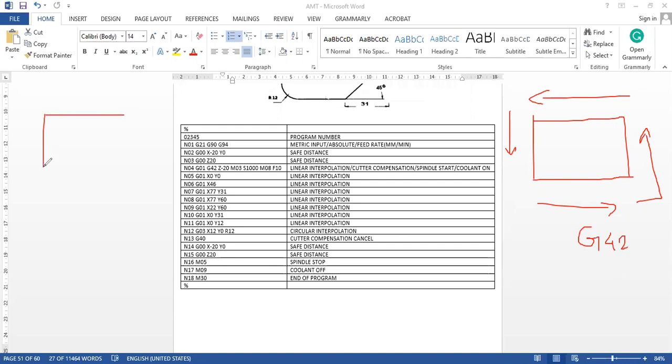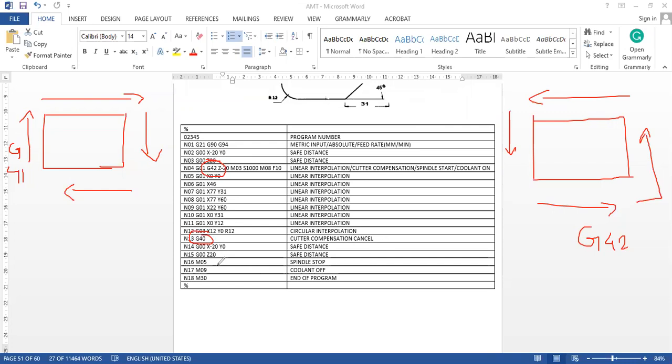If the tool is like this, then the tool movement is like this, using G41. So G42 is cutter compensation right side, and G41 is cutter compensation left side. That is the difference between G41 and G42. So you just use this G42 and then finally G40. G40 means compensation cancel.